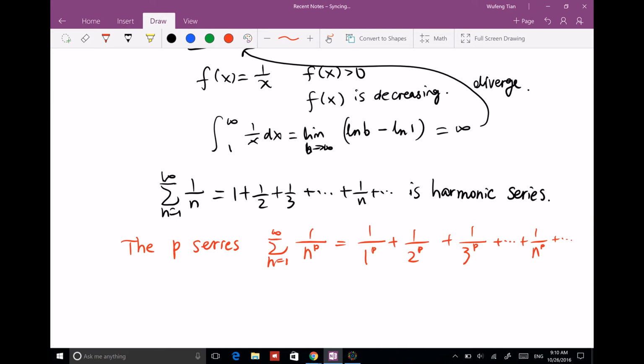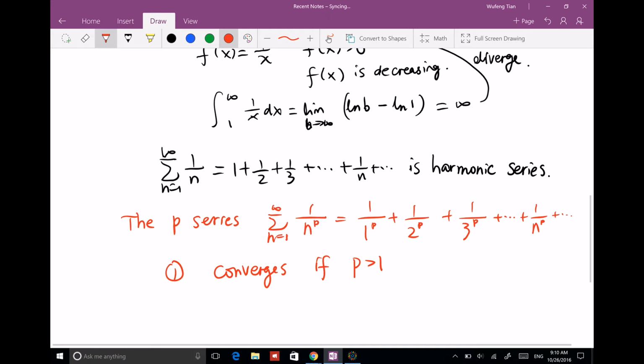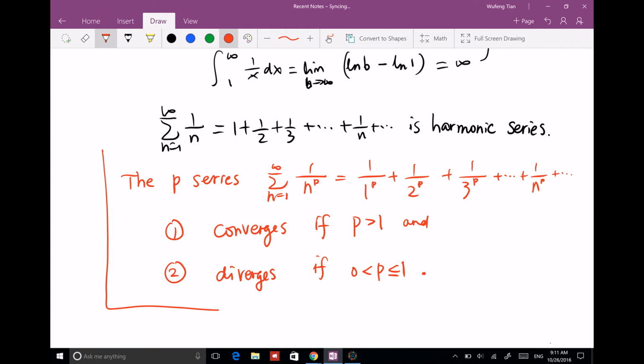This series converges if p is bigger than 1, and diverges if p is bigger than 0 and less than or equal to 1. This is the P series theorem.